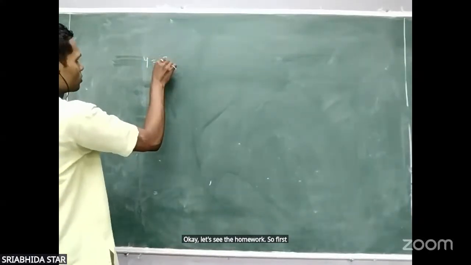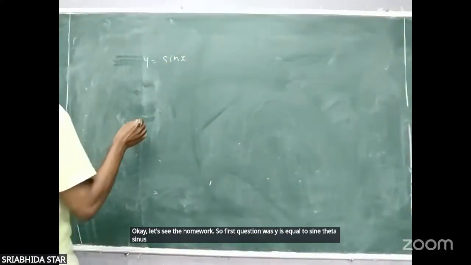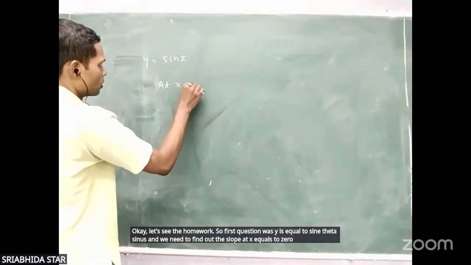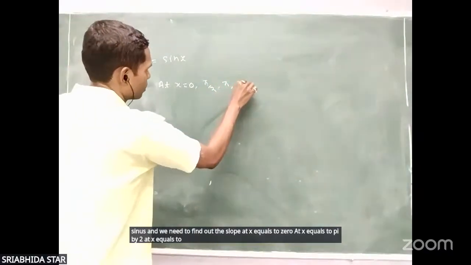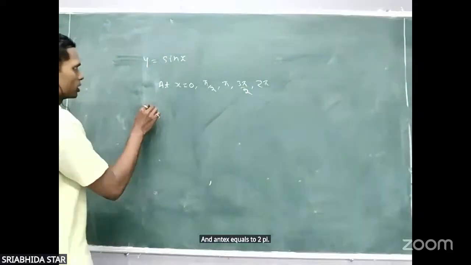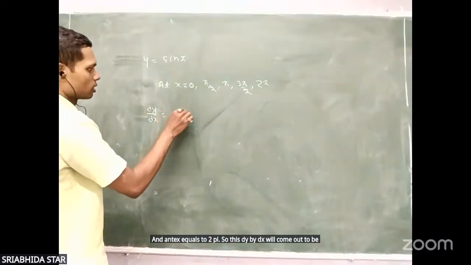y is equal to sine x, and we need to find out the slope at x equals to 0, at x equals to pi by 2, at x equals to pi, at 3 pi by 2, and at x equals to 2 pi. So dy by dx will come out to be equal to cos x.